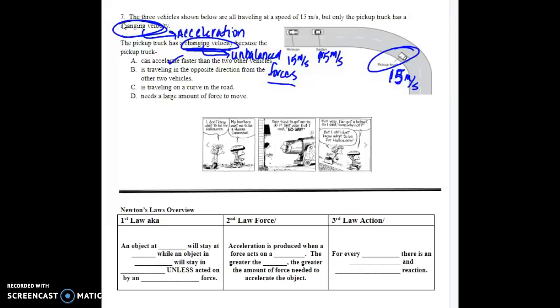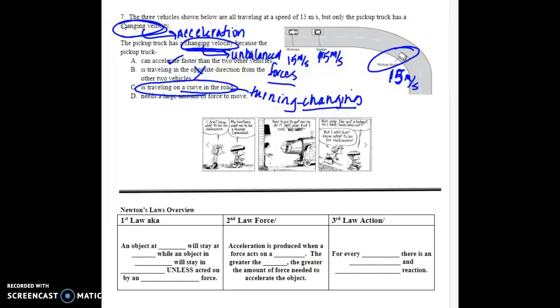It is traveling in the opposite direction from the other 2 vehicles. Traveling in the opposite direction does not mean that it's changing velocity, and we don't even know if it's traveling opposite or in the same direction. It's kind of hard to tell from that picture. See, it's traveling on a curve. If I'm traveling on a curve in the road, what am I doing? I am turning, right? And we said earlier that turning is changing your motion.